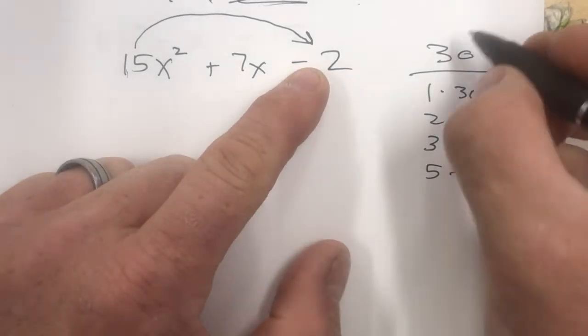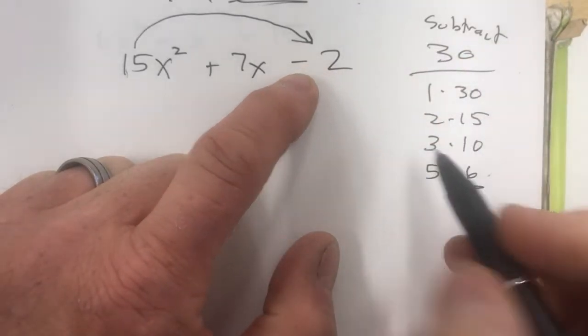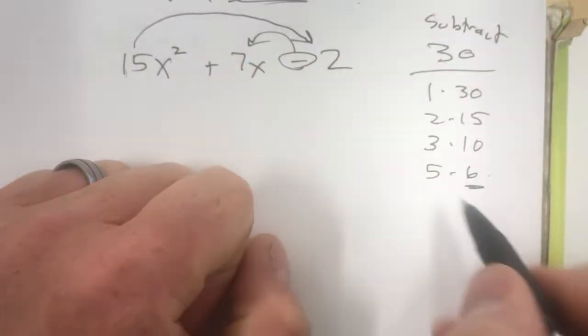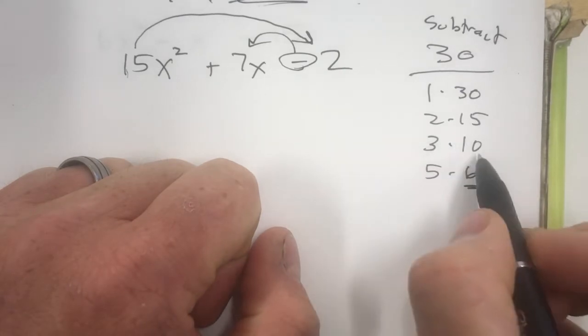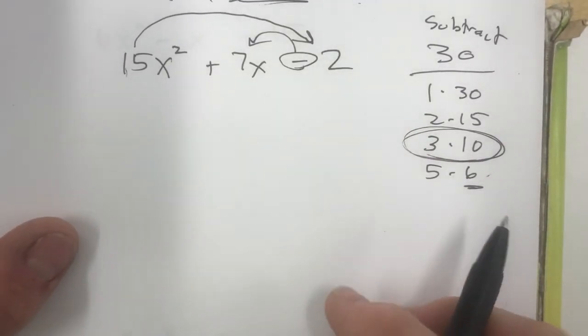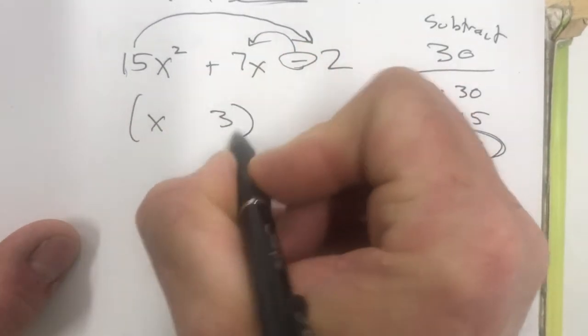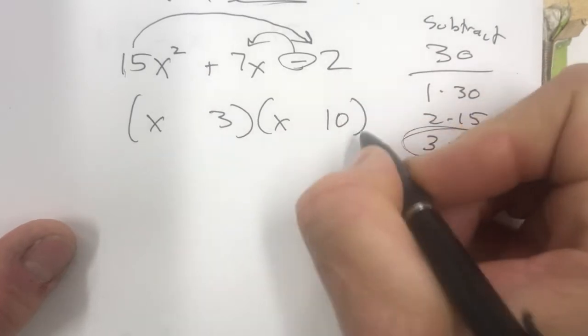Now, my last number is a minus, so I'm going to subtract. Okay, which ones subtract and get 7? I've got to subtract these and get 7. Looks like right there, 3 and 10. They subtract and get 7. So those are my factors. So I'm going to have an x and a 3, x and a 10.